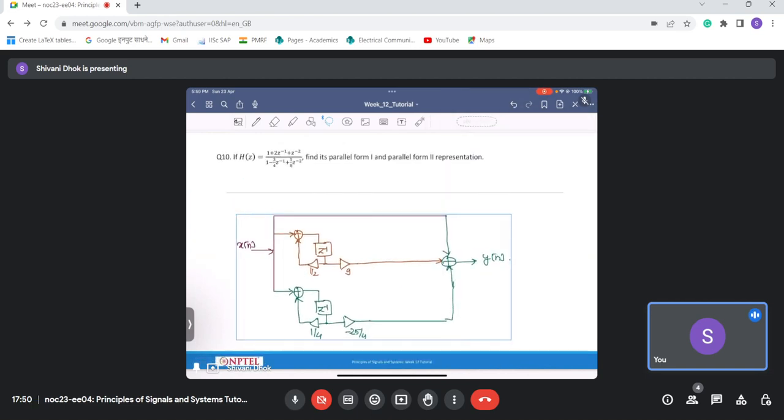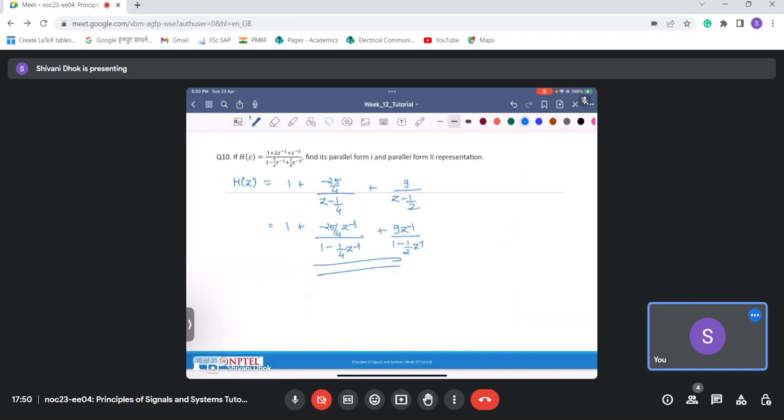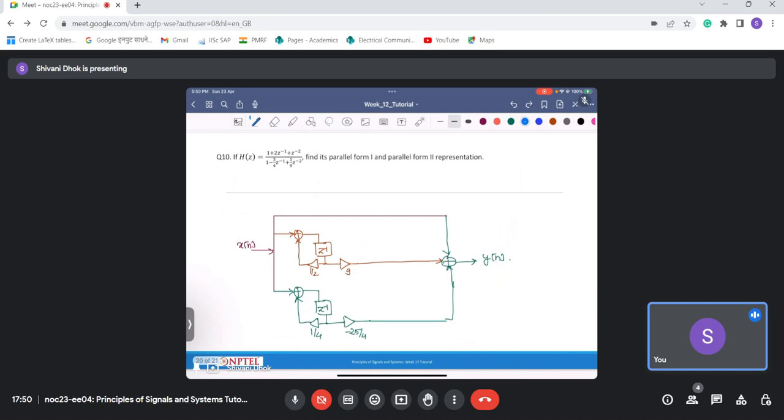So it's the same thing that we are obtaining for both the parallel form representations. And I think that's because the degree of polynomial in numerator and denominator is same. I am not sure if that is the reason, but both the forms are giving me the same answer in this situation.